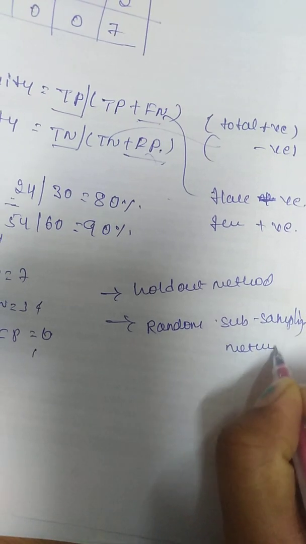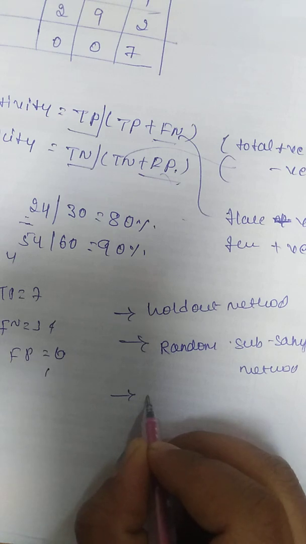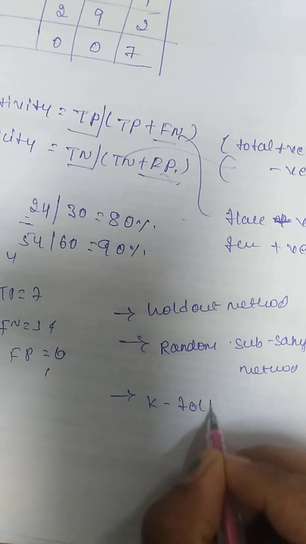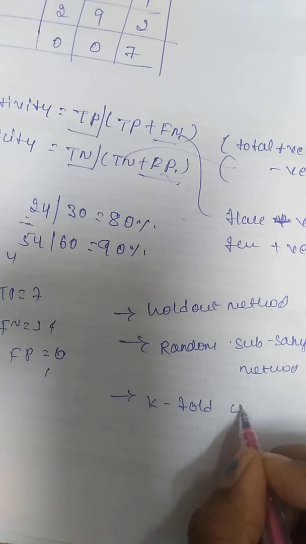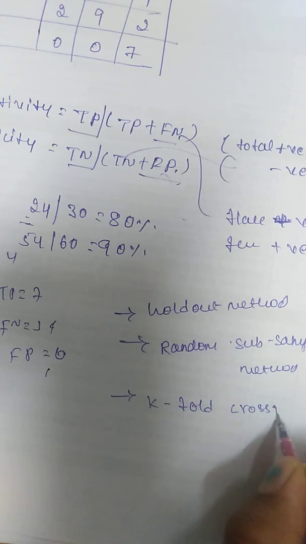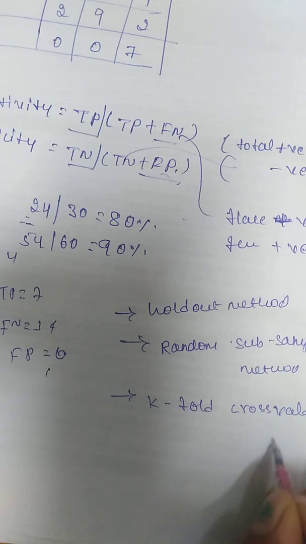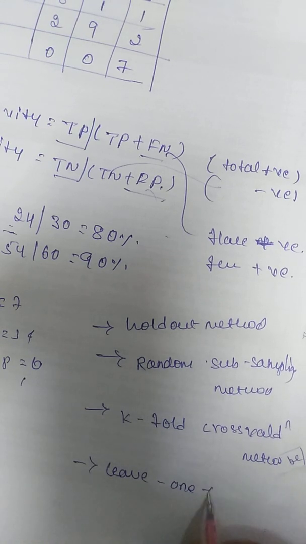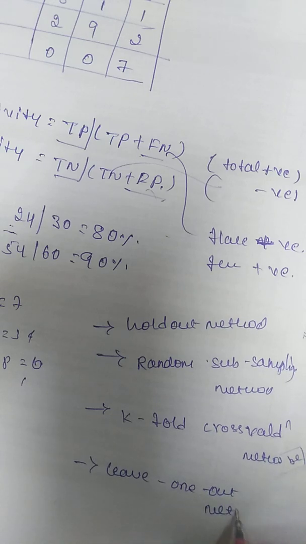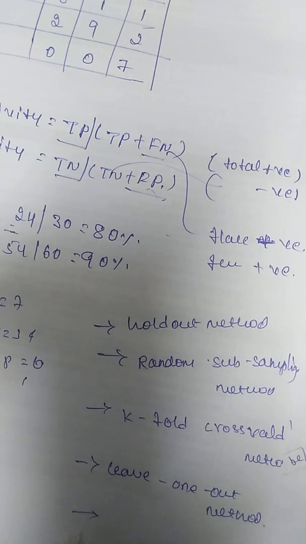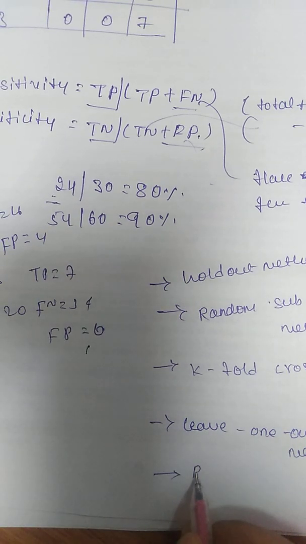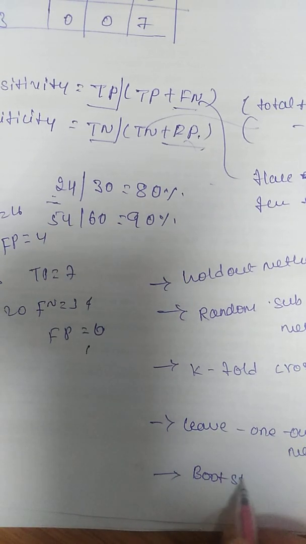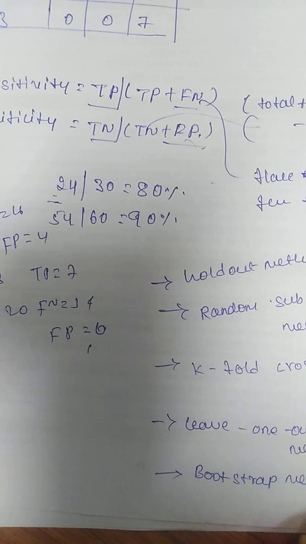Third one is the k-fold cross validation method. Fourth one is the leave one out method. And last one is the bootstrap method. We can use these in this topic.